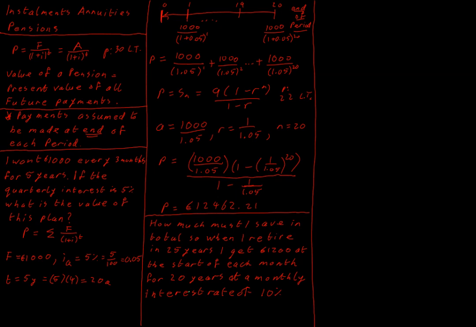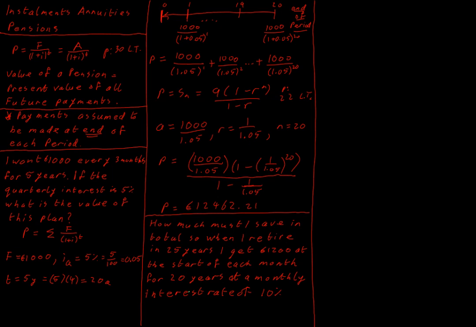What's going on? Well, I want to know the value of the pension when I retire. So that means that the present time for calculating the value of the pension is the day I retire. This is the key thing to recognize in a question like this, where they're playing around with time periods.